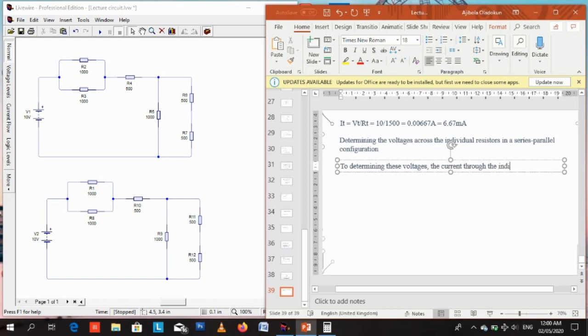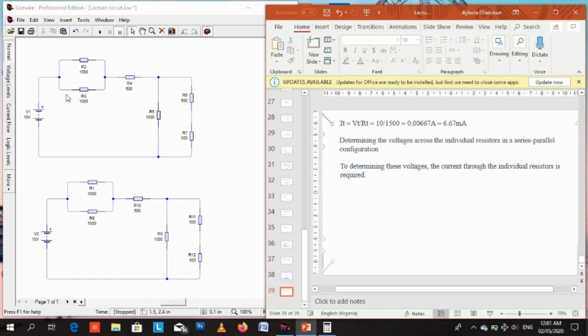Now to determine these voltages, we also need the current through the individual resistors in order for us to apply Ohm's law. Remember that Ohm's law is V equal to IR, so the voltage equals the product of the current and the resistance. So we have the resistances of the individual resistors, but we don't have the current. We need the current through each individual resistor in order to determine the voltages across them.